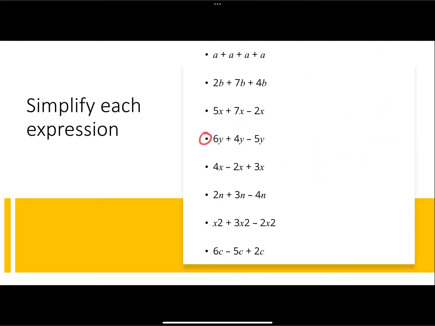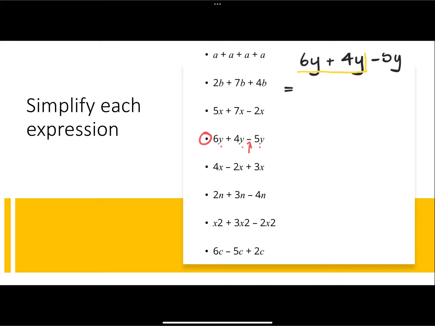In our next question, we can see again that we have the same variables and we have another negative. Let's write it out. I know that when I'm doing my order of operations, I'm going to do addition and subtraction from left to right.